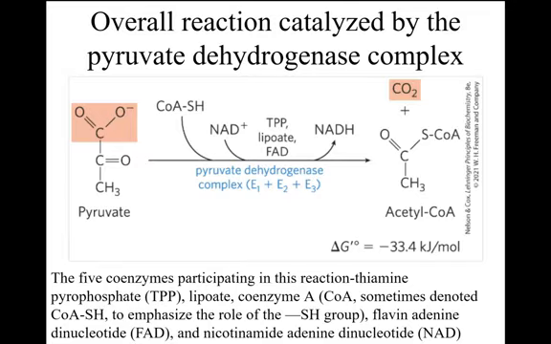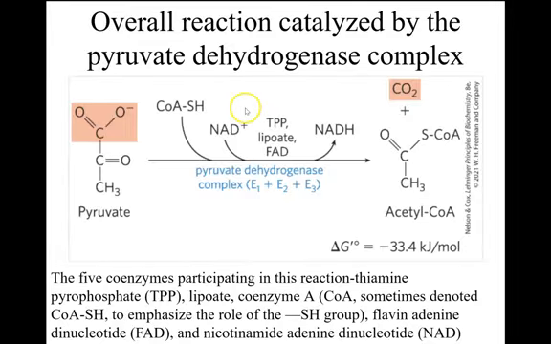Overall, the reaction is catalyzed by the pyruvate dehydrogenase complex, which actually has 3 enzymes within it. It takes pyruvate, and the carbon and the 2 oxygens that are highlighted get released as carbon dioxide, and then the other two carbons get attached to coenzyme A, thus making acetyl coenzyme A.